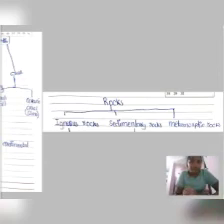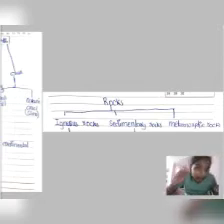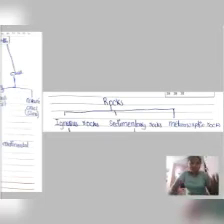When will the metamorphic rock be formed? When igneous rocks or sedimentary rocks are kept under high heat and pressure, they form metamorphic rock.